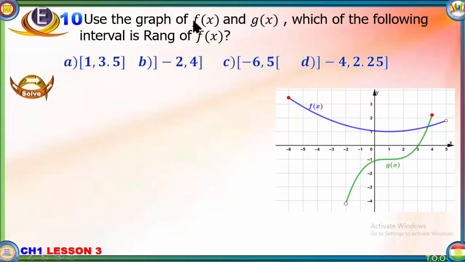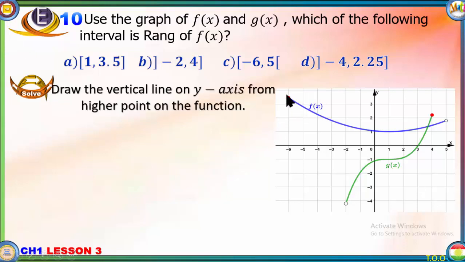Use the graph of f(x) and g(x). Which of the following intervals is the range of f(x)? This time, from the start point, we draw a horizontal line to the y-axis, like this, and read the value of y. As you can see, the value of y is near 3.5.